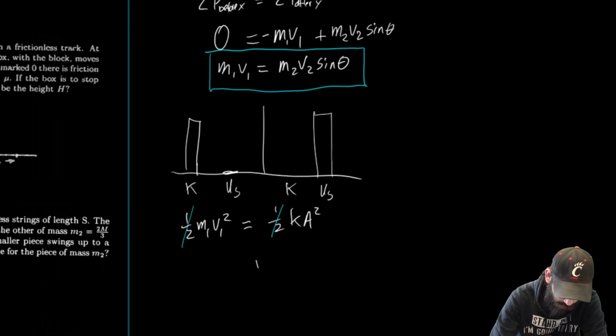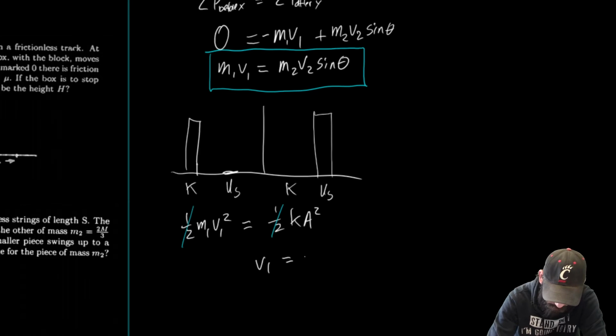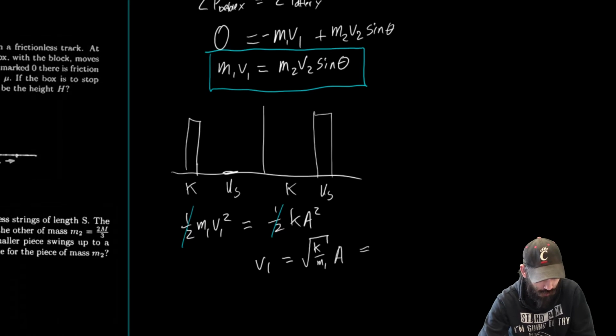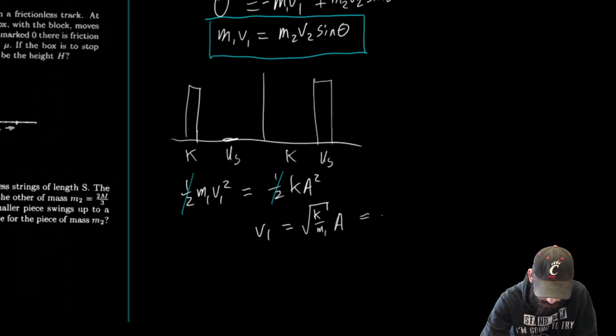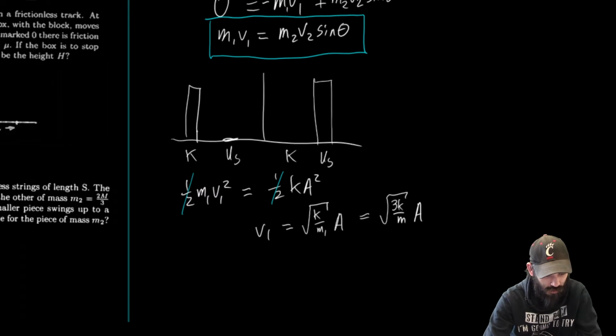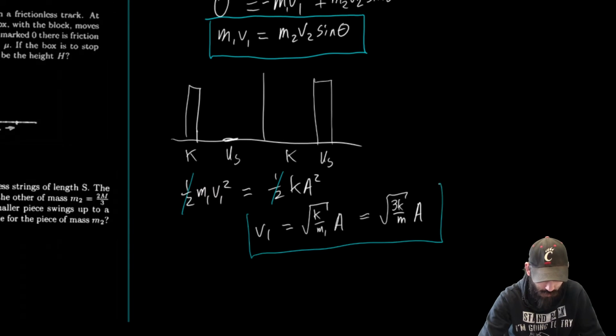So V1 is going to be equal to the square root of K divided by M1 times A, which is equal to the square root of, M1 is going to be the one that has a third, so this is going to be 3K over M times A. Okay, so that gives us what V1 is going to be.